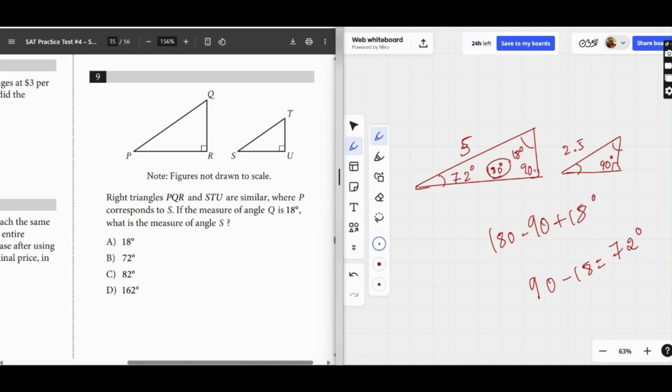So if you got 18 and 72, this is also 18 and 72. Remember, angles never adjust, but similarity when it comes to the sides comes in terms of ratios. You can take a circle of one radius or 100 radius, the angles remain constant. Therefore, 72 is what we are looking to see, which is option B.